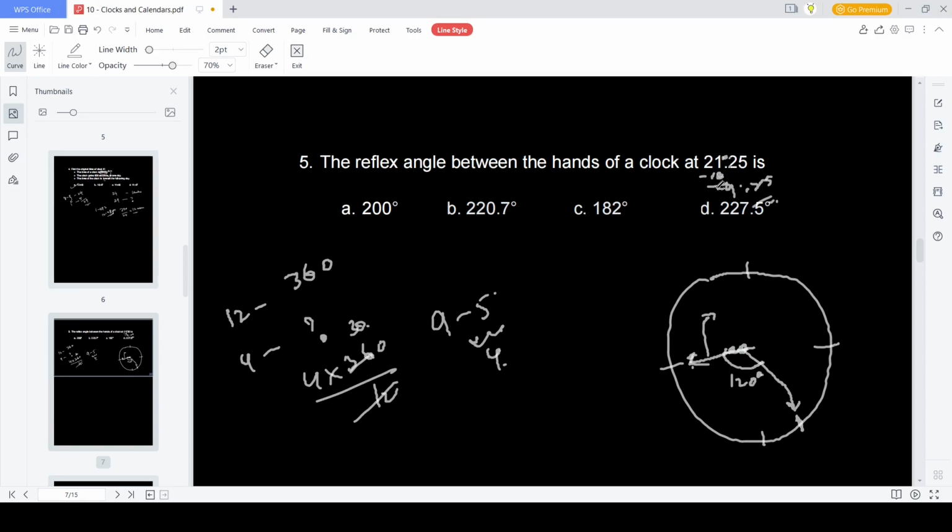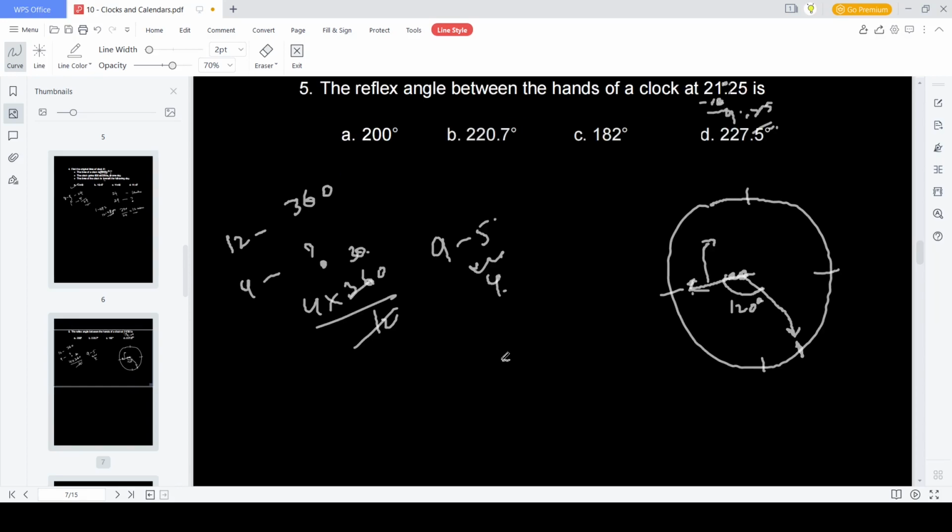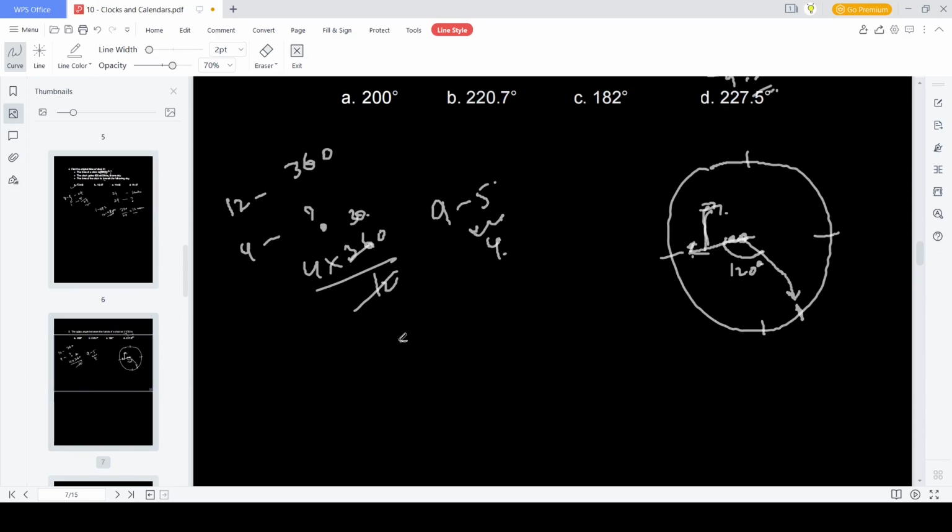But in 25 minutes how much does the hour hand move extra? That counts inside the small angle. But we want the reflex angle, we'll come to that. In 12 hours, the hour hand moves 360 degrees. 12 hours is 12 into 60 minutes.